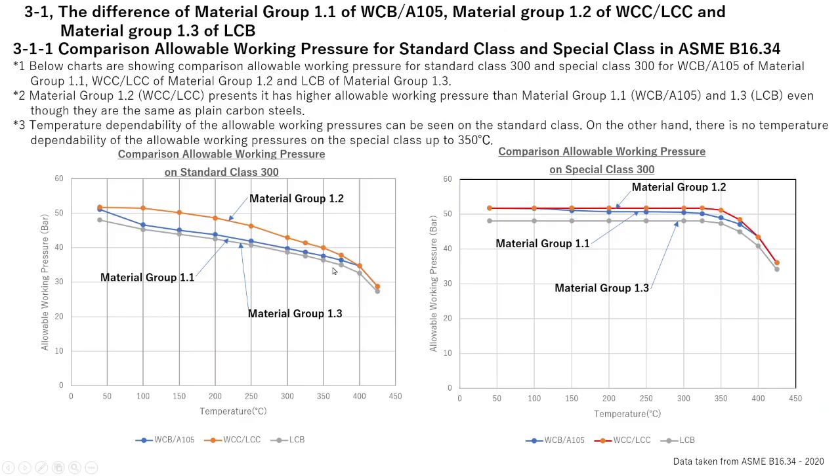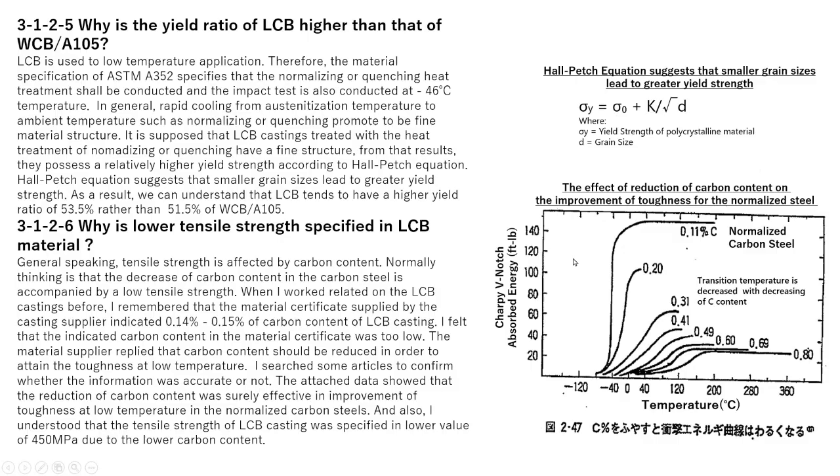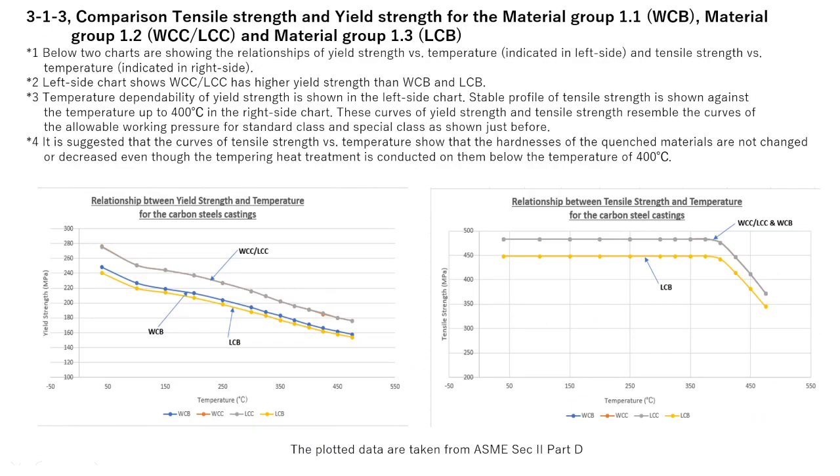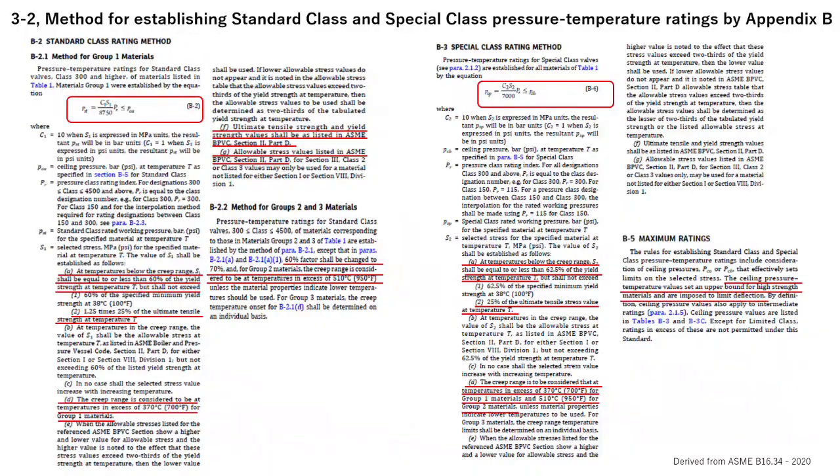Very likely the standard class follows the yield strength curve, and the special class working pressure curve is very likely the tensile strength curve.